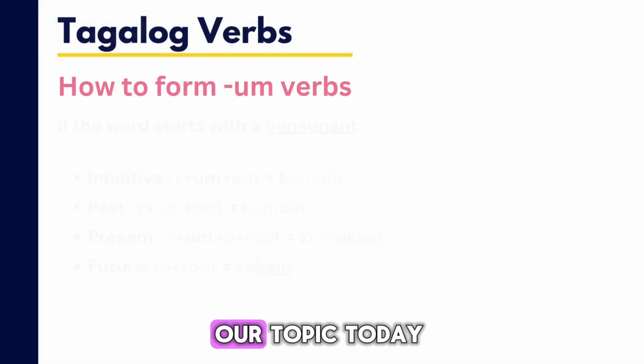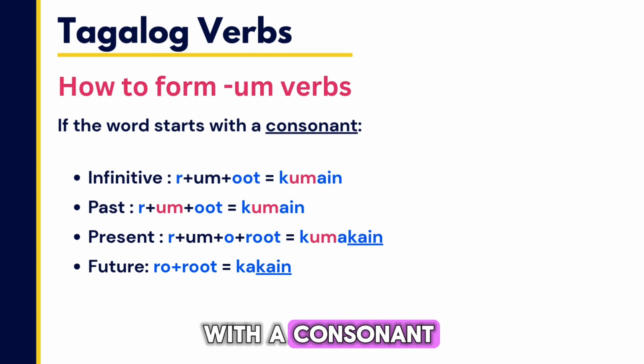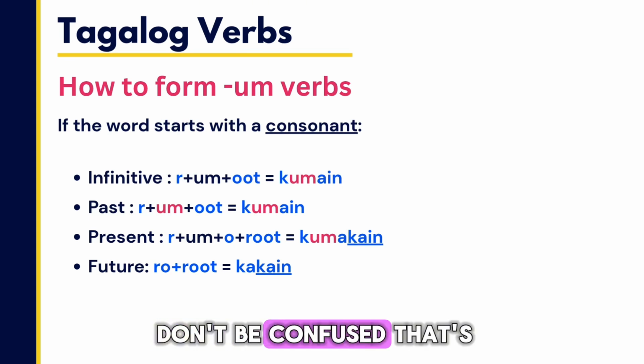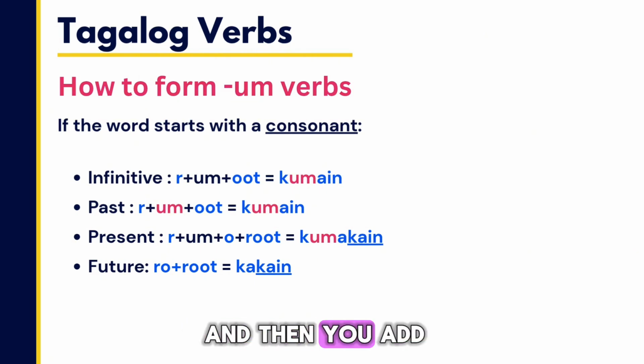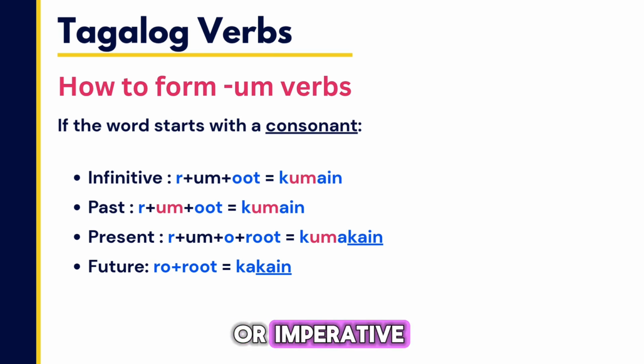Now, going back to our topic today, which is the um verb, how do we form them? If the verb starts with a consonant, you just have to put the first letter consonant here. So ROOT, don't be confused. That's just the root word. So R here indicates the first consonant, and then you add the um after the first consonant letter for the infinitive or imperative.